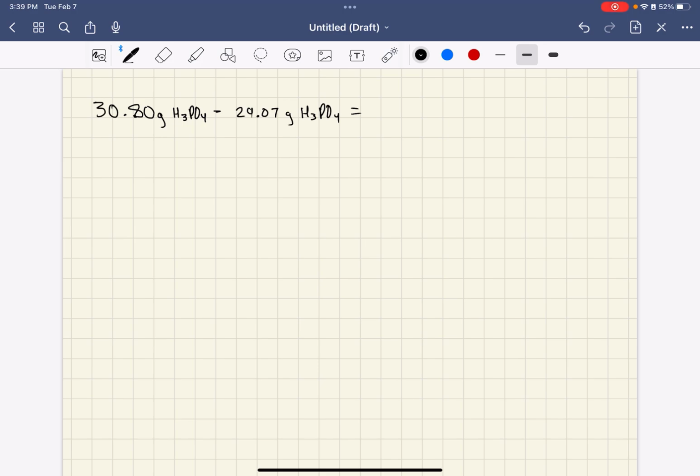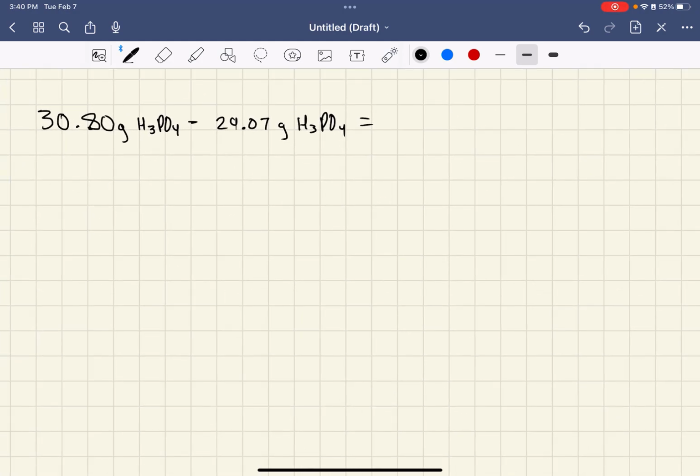Whatever we get is going to be our excess remaining, whatever couldn't react with the rest of the limiting reactant.